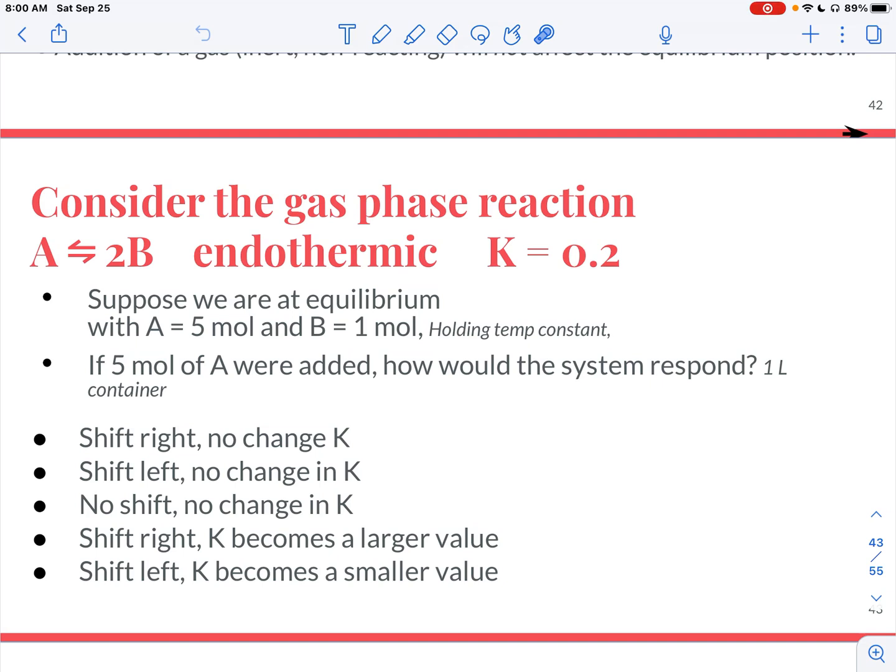We automatically know that the last two don't apply. Anything that says K changes, we would have to change the temperature, and there's nothing here about changing the temperature. Here it actually even says we're holding it constant, but let's say that wasn't even there. If it's not mentioned, then it's not happening. So we can automatically rule these two out.